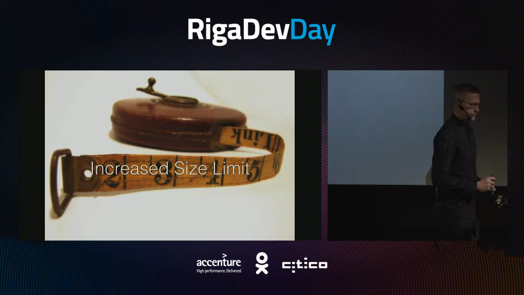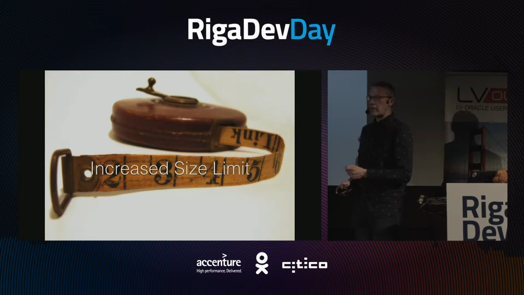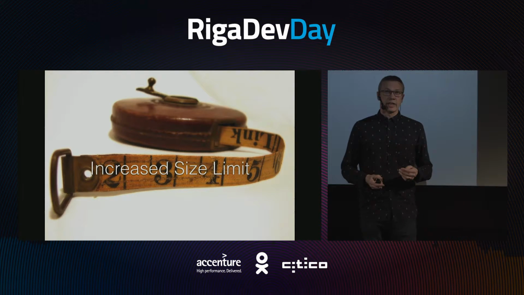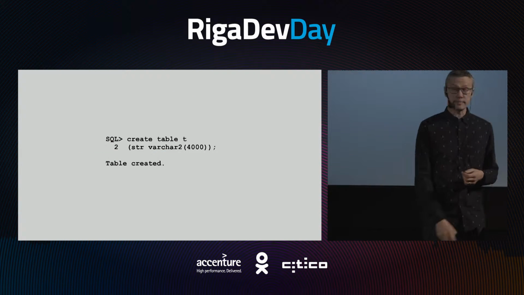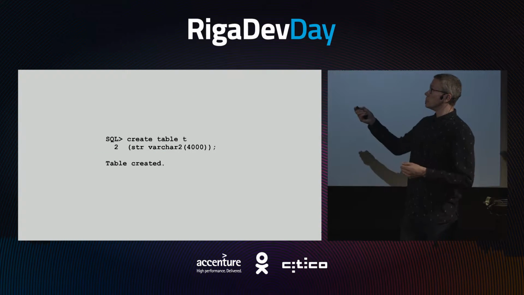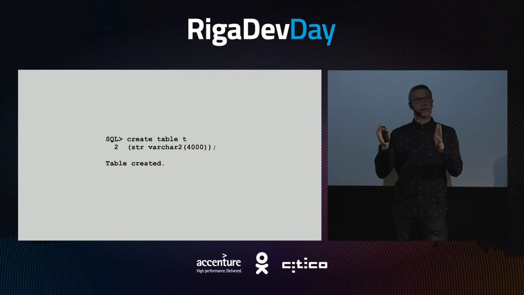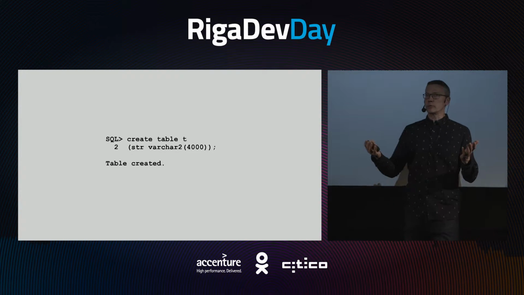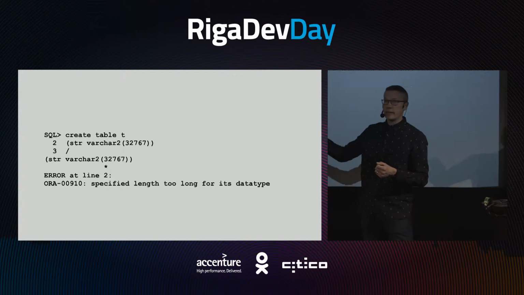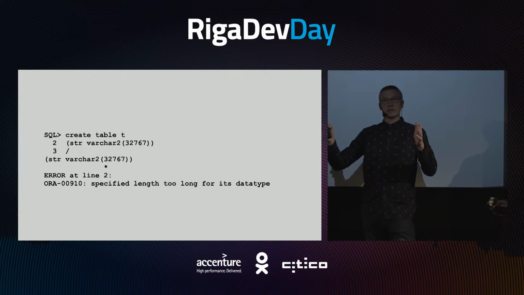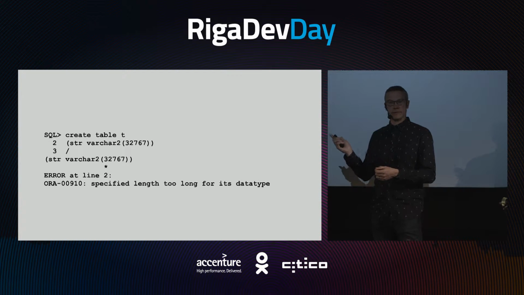45 minutes to go. Okay, so the first one, the increased size limit. There's a tighter integration between SQL and PL/SQL in 12c. The limit in SQL used to always be a varchar 4000, while in PL/SQL it's 32k. And if you tried to create a table with a 32k length on your varchar, well, you weren't allowed to, right?